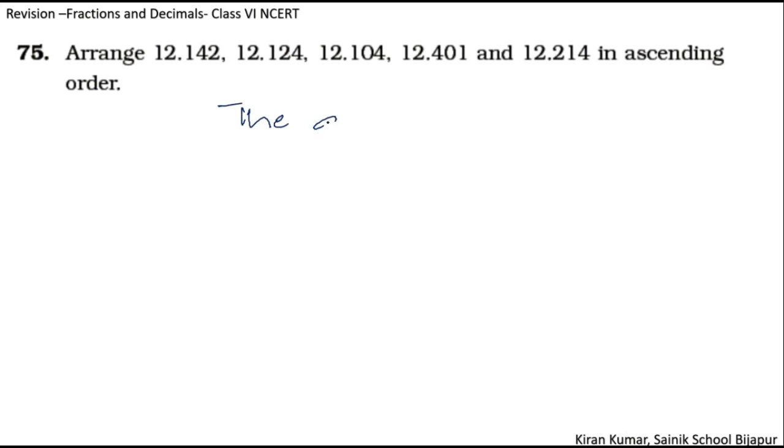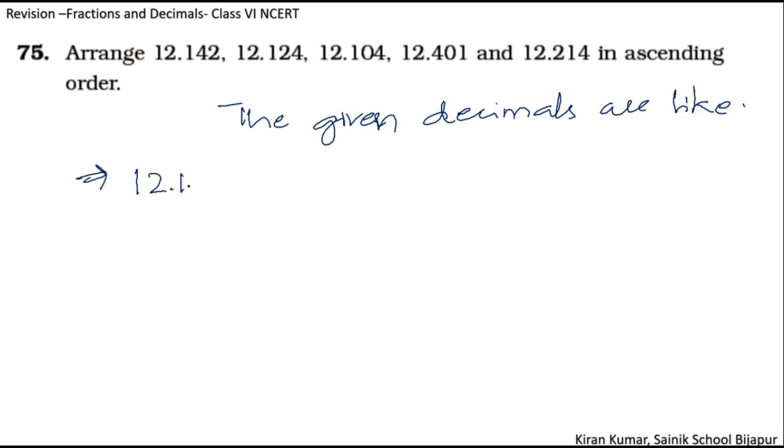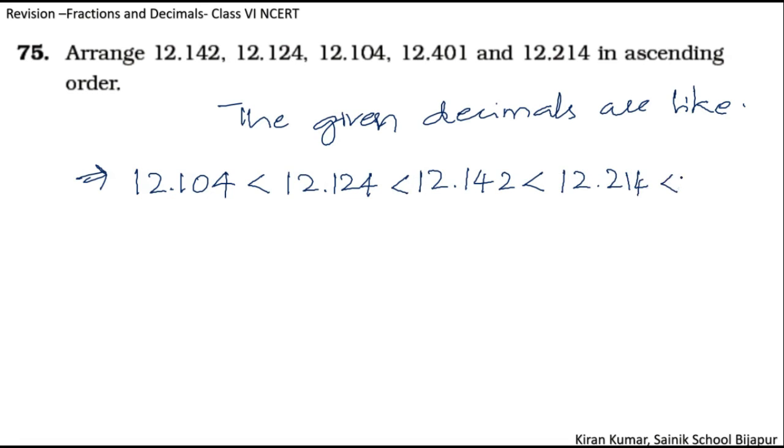The given decimals are like because they have the same number of decimal places. So clearly 12.104 is smaller than 12.124, which is smaller than 12.142, which is smaller than 12.214, smaller than 12.401.